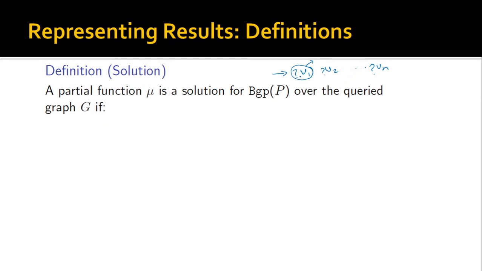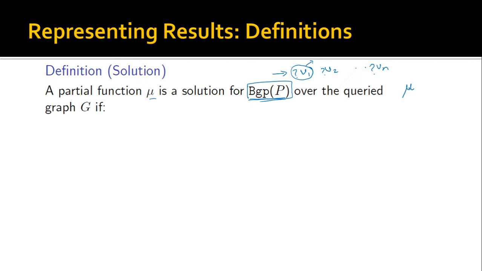So basically, if you consider a particular pattern which is P, and we are trying to evaluate BGP P, and we are trying to define the solution mu for this BGP. So we are now restricting ourselves to the simplest algebraic operation, BGP P, right? So in that case, you need to define the domain of this mu, right? So domain is again a set from which this mu will be taking value, right?